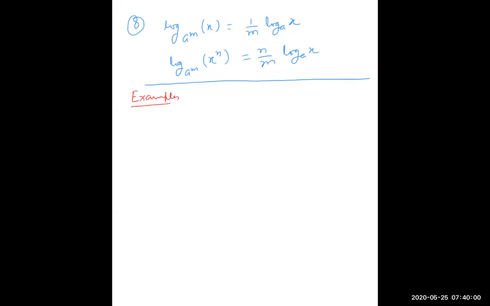You have to simplify. First one is simplify log_2 of 1 upon 64. You must keep on telling me the answers.